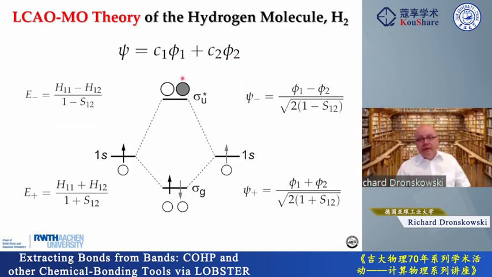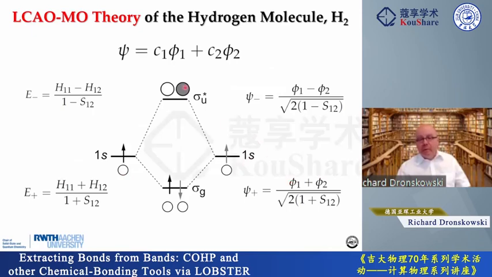Without specifying the Hamiltonian, you can directly show what the result will be. You will have a molecular orbital that is lower in energy, mathematically expressed as a plus-plus combination of the 1s atomic orbital on the left and the 1s atomic orbital on the right.